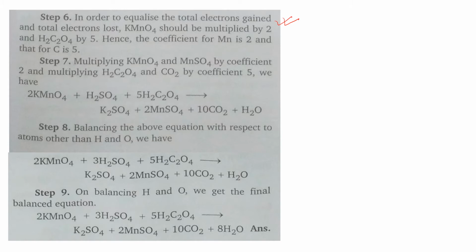Now see step number 7. Step number 7: multiply KMnO4 and MnSO4 by the coefficient 2, and multiply H2SO4 and CO2 by coefficient 5, because we have got these coefficients. Now before multiplying this equation by 2 and 5, what was my equation in step 6? Let me write it here.